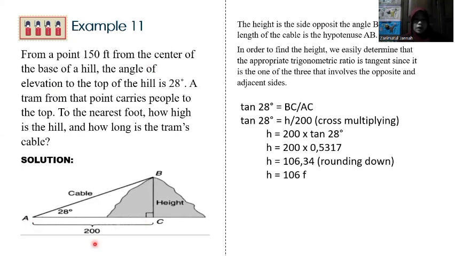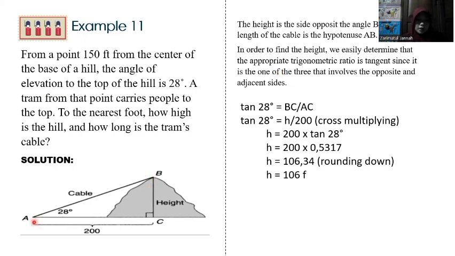I to C is 200. The height is the opposite side of the angle BC, and the length of the cable is the hypotenuse IB. In order to find the height, we usually determine the appropriate trigonometric ratio, which is tangent, since it is the one of the three that involves the opposite and adjacent sides.